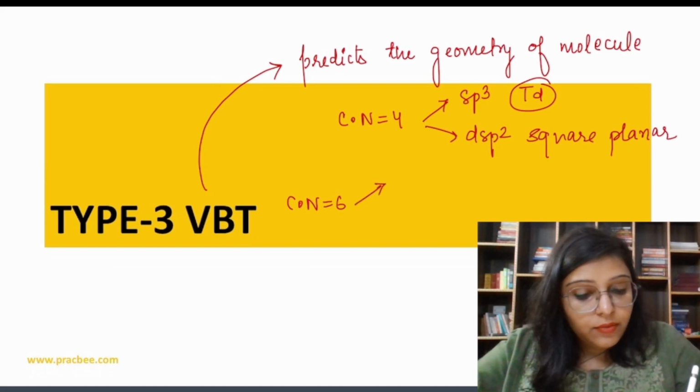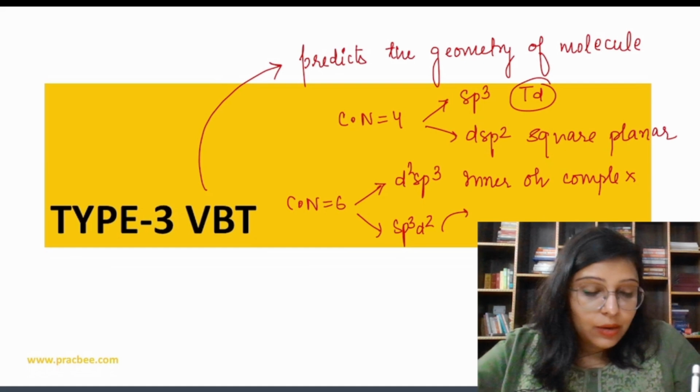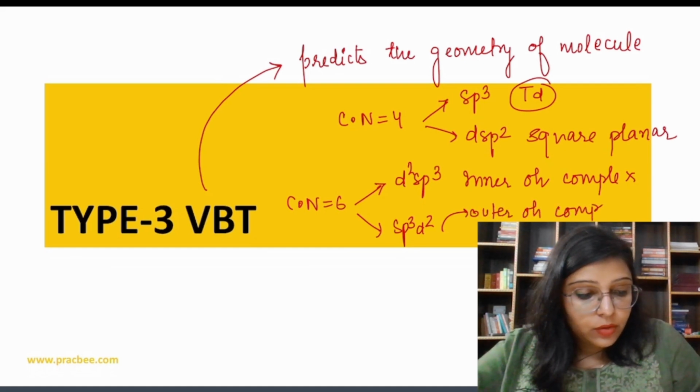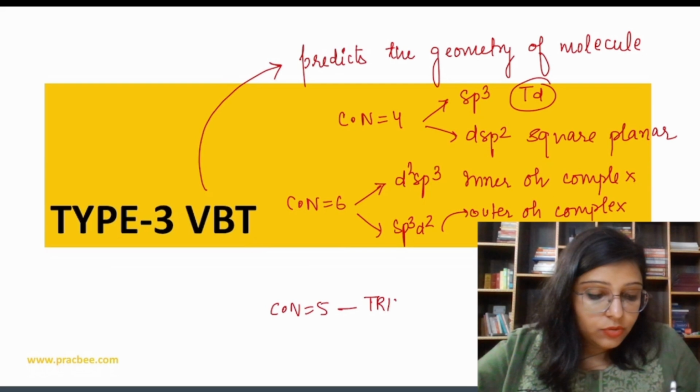The most common are coordination number 4 and coordination number 6. If we have coordination number 6, we have d2sp3, which means an inner octahedral complex. And if we have sp3d2, it means an outer octahedral complex. So the geometry is going to be octahedral. If we have coordination number 5, the geometry is trigonal bipyramidal.